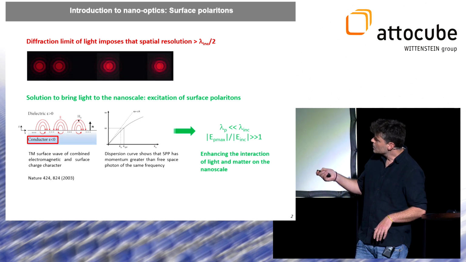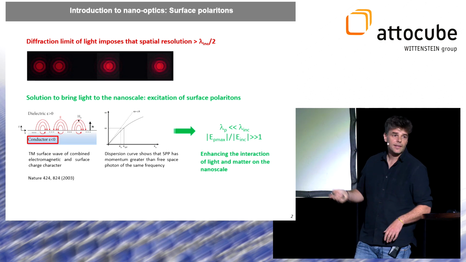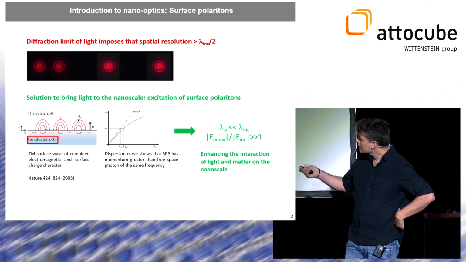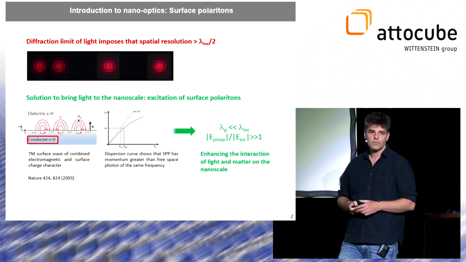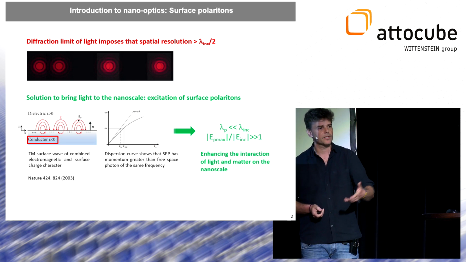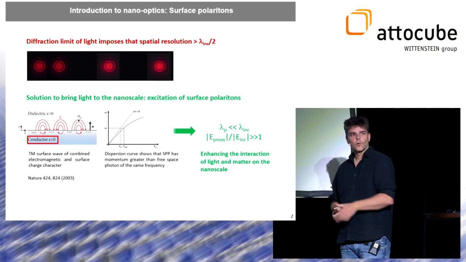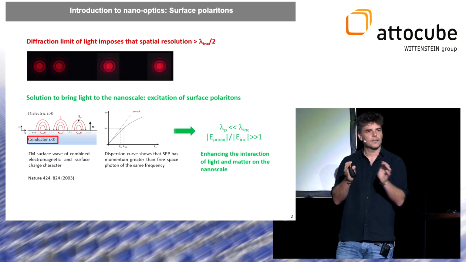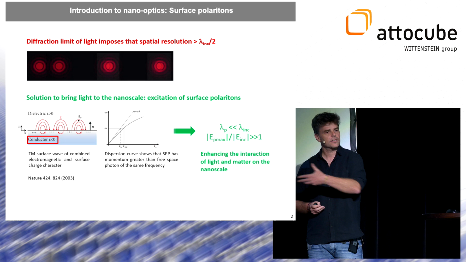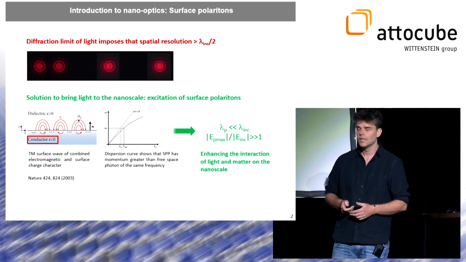The dispersion of this wave is to the right of the light line, meaning that for one frequency, its momentum is larger, so its wavelength is much shorter. But it's an evanescent wave. It decays exponentially, so we have to do things fast and at small scales, because the energy is lost quite easily.